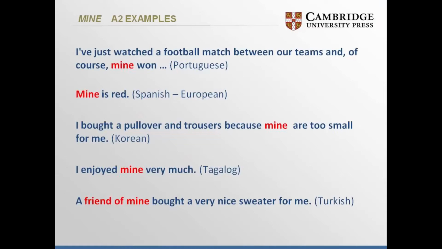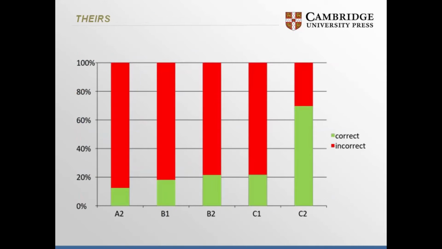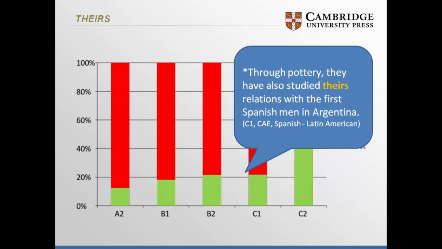So it's not just mine, it's not just yours, all of them are. And when we looked at the data, the only possessive pronoun that learners could use correctly, accurately, was mine. And it wasn't until we got to C2 that we could see learners using theirs correctly. So are we asking our learners to jump through hoops which they're not ready for? Yeah, that's another possibility.